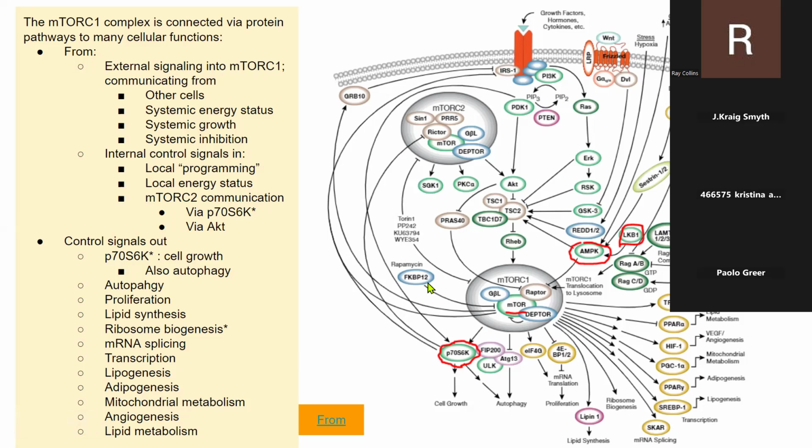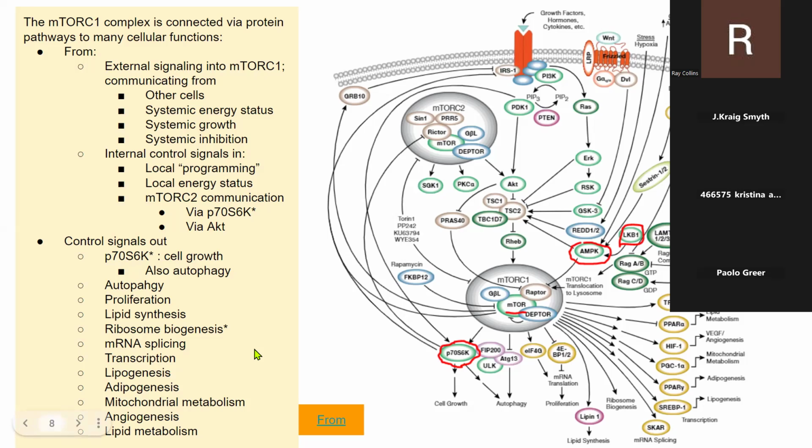And if you inhibit it with, say, rapamycin, which I've talked about quite a lot during these lectures, it reduces this mTORC1. And because of that, it slows down a lot of these things in this list. A lot of these things sound like they're pretty good, but the end result is growth, and not necessarily good growth either.